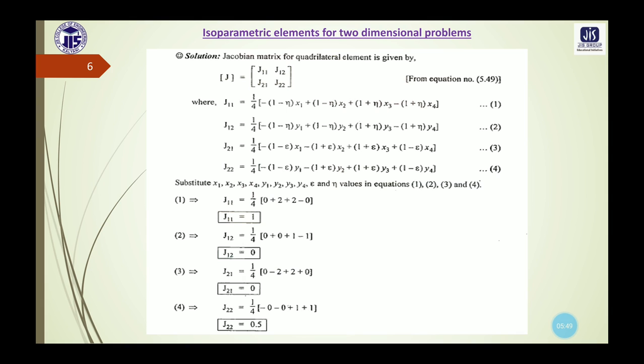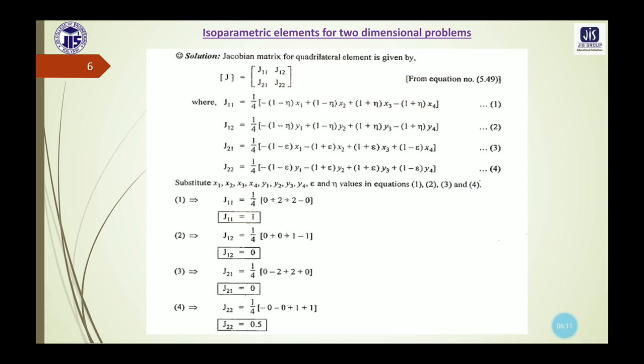The formula for J11 is 1/4, then within bracket, minus 1 minus eta into x1 plus 1 minus eta into x2 plus 1 plus eta into x3 minus 1 plus eta into x4, which is our equation number 1.